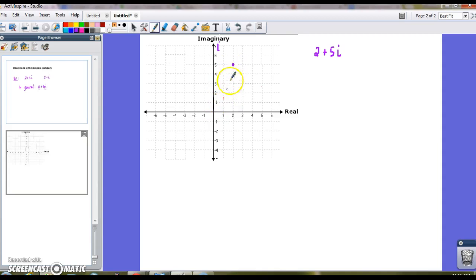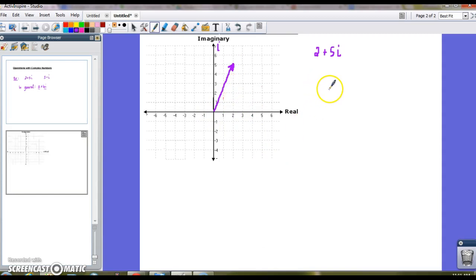And then I would draw an arrow from the origin to that point, because when we're talking about complex numbers, we don't just plot the point, we actually draw in the arrow. Okay, it always goes from the origin to that point.